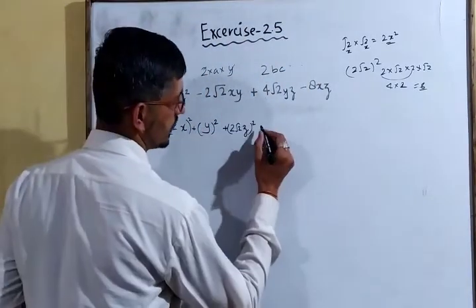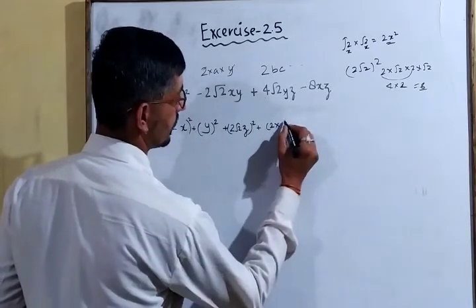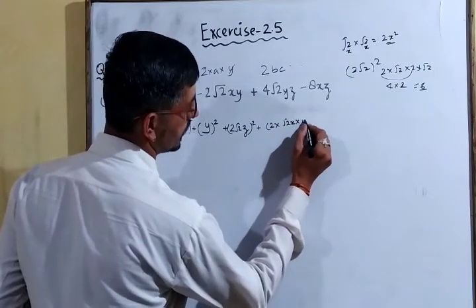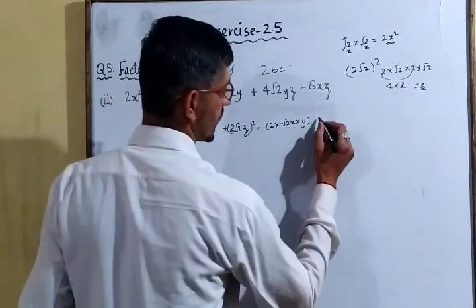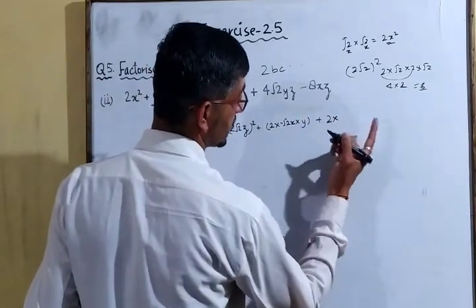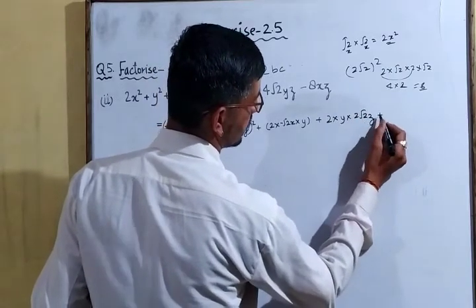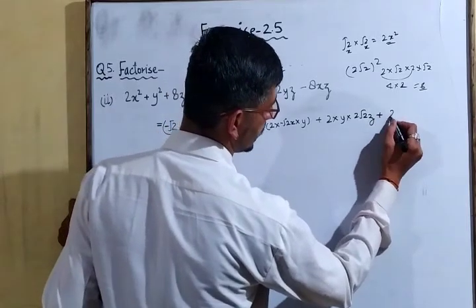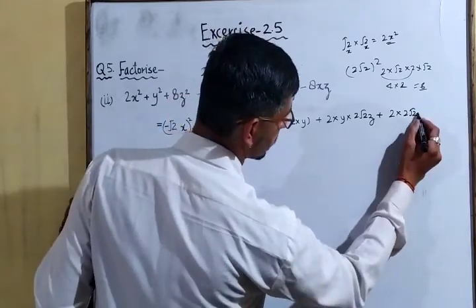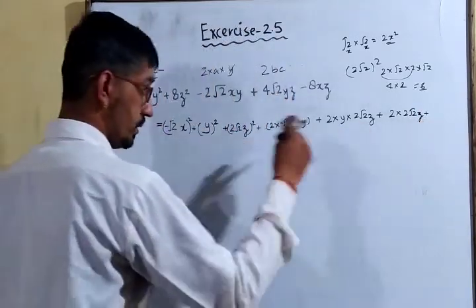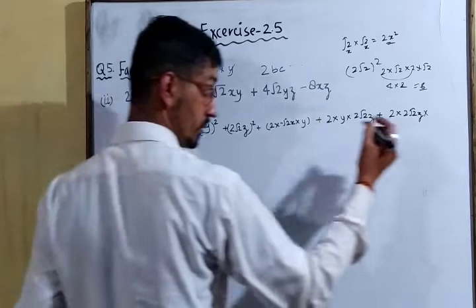Now, what it is making? Plus 2 into a, that is negative of 2x, into b, that is y. Okay. Now what it is making? 2 into bc, b into c is 2 root 2 z. Last 2 into ca, c is 2 root 2 z, into a is negative of root 2x.